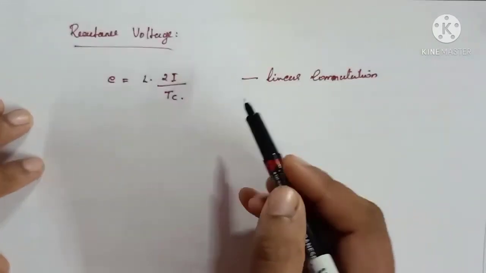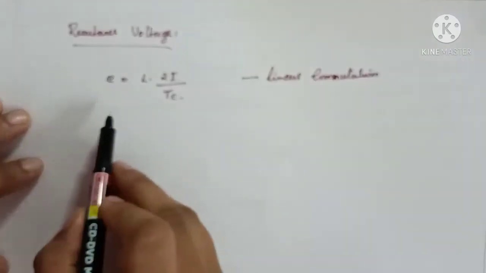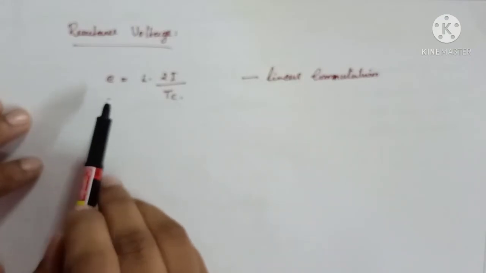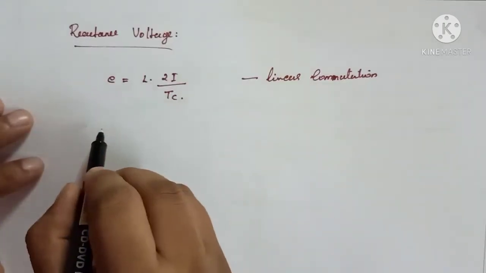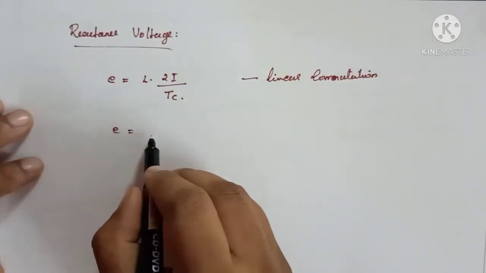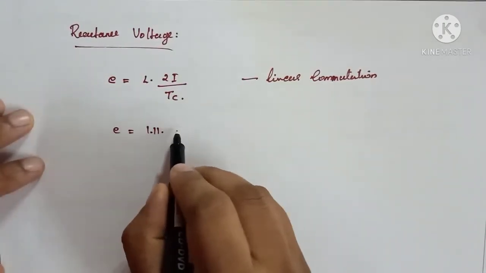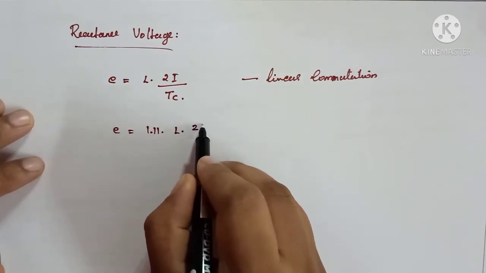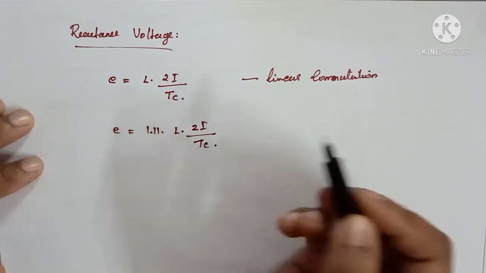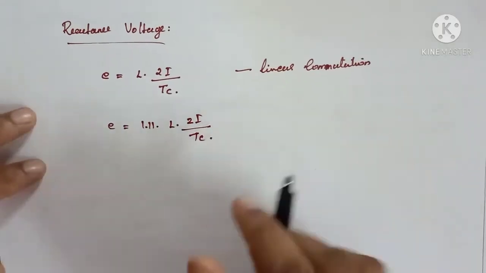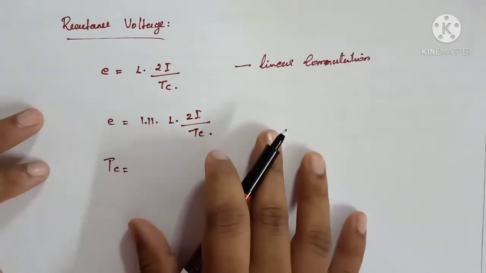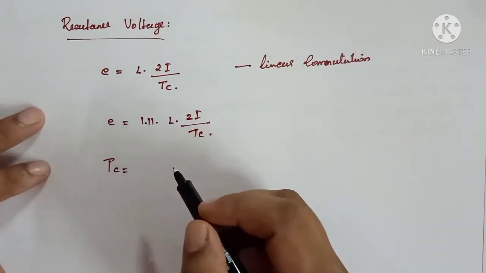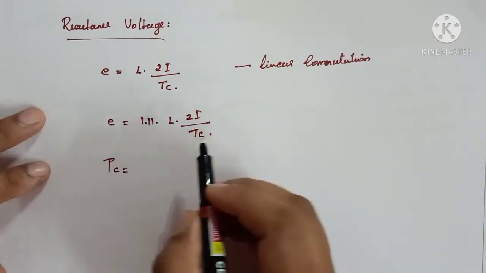So for good commutation, the value of reactance voltage E is equal to L into 2I by Tc, and for commutation with some sparking, it can be 1.11 into L into 2I by Tc. And Tc is the time required for the commutation process.